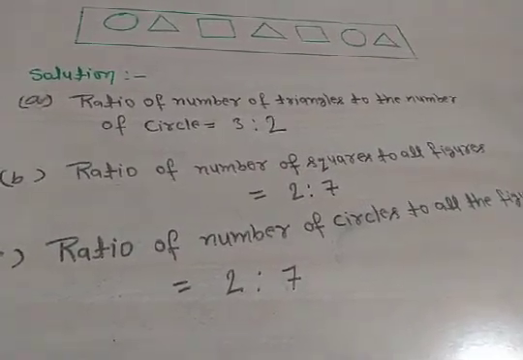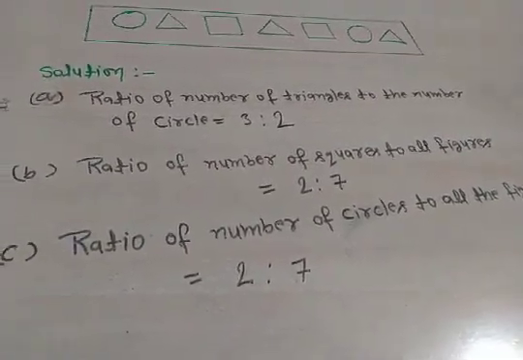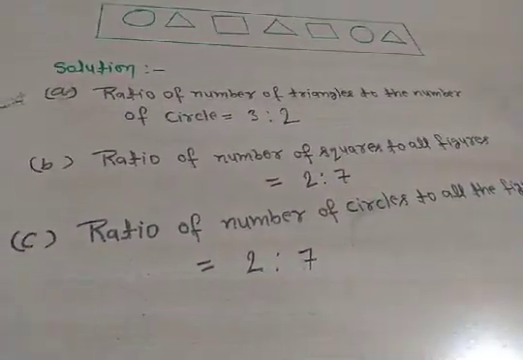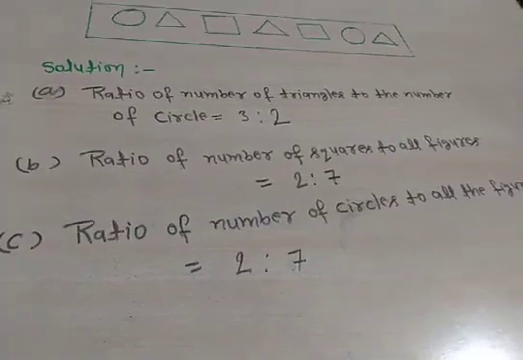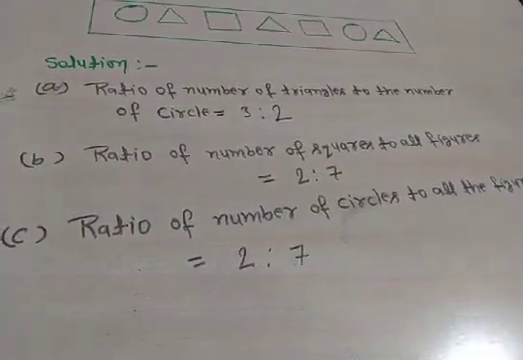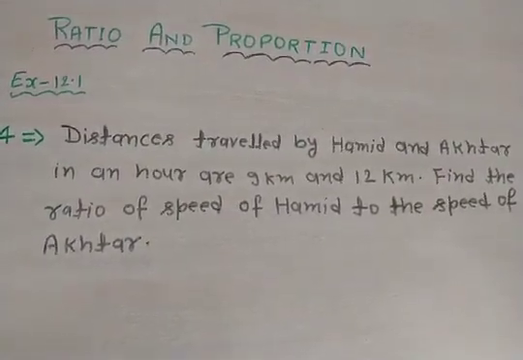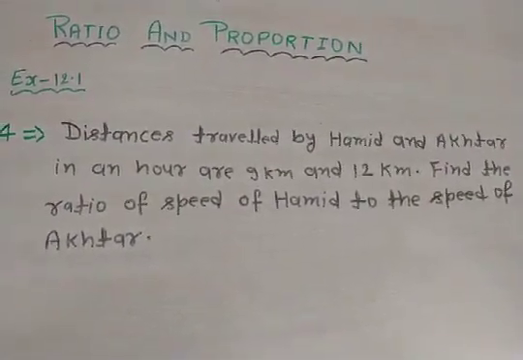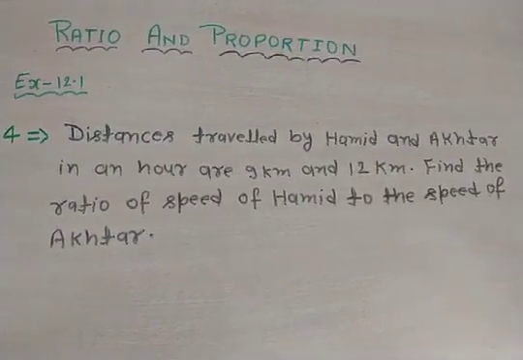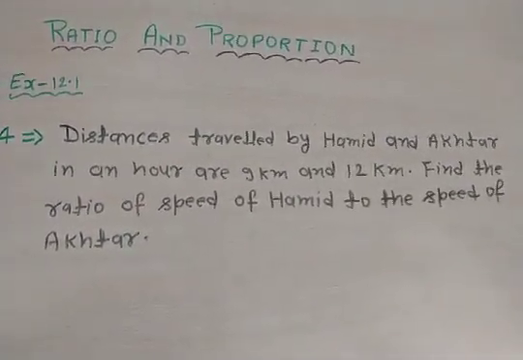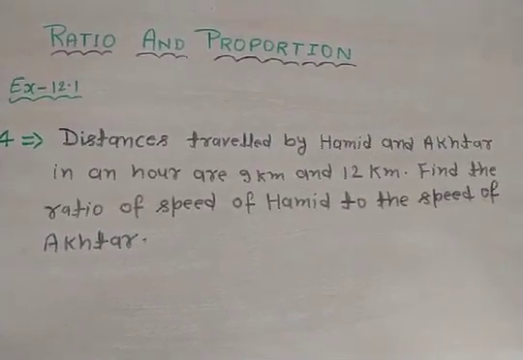Now we are going to solve question number 4 of this exercise 12.1. Distance traveled by Hamid and Akhtar in an hour are 9 km and 12 km.